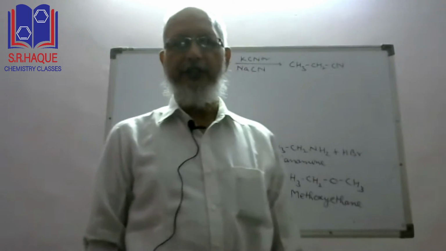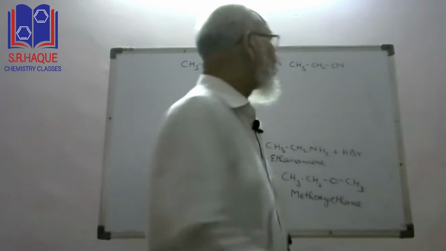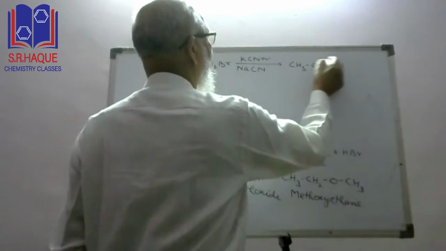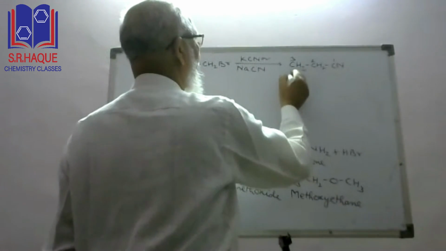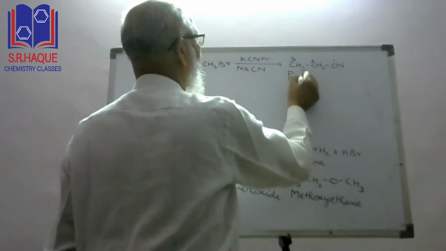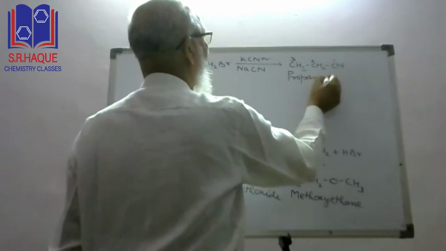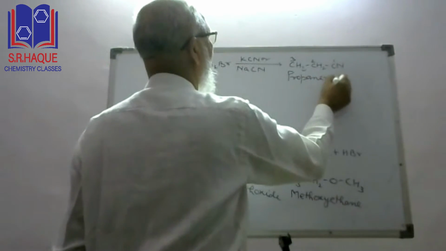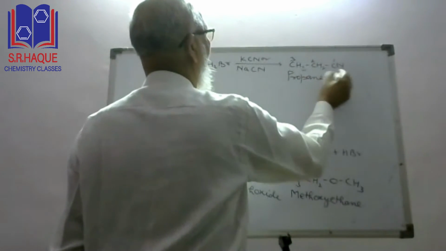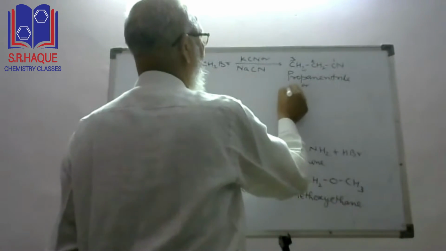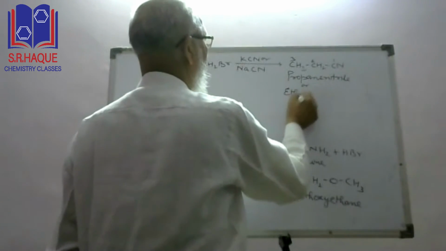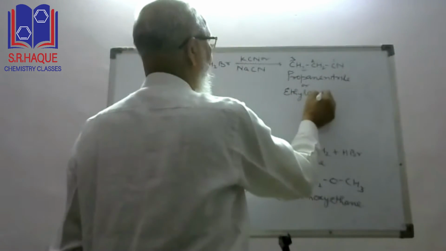If we take NaCN, there will be formation of NaBr. This compound is known as, according to IUPAC naming system, propane nitrile, and according to common naming system, it is known as ethyl cyanide.